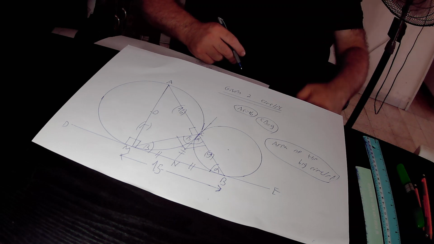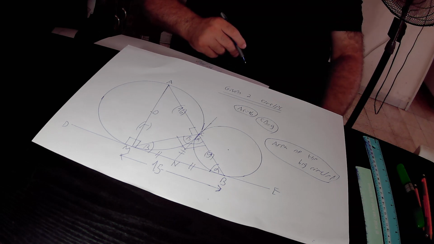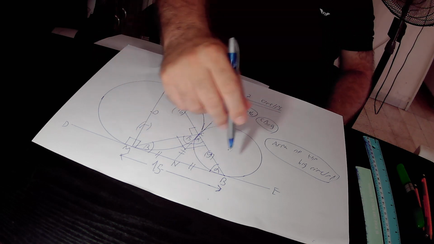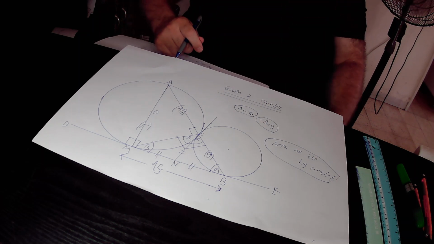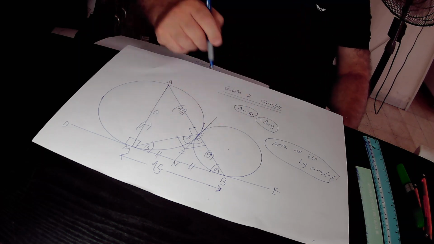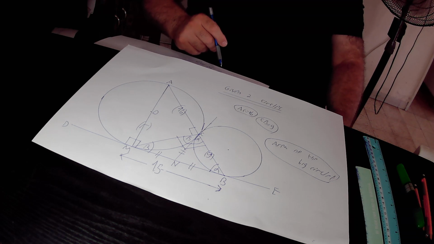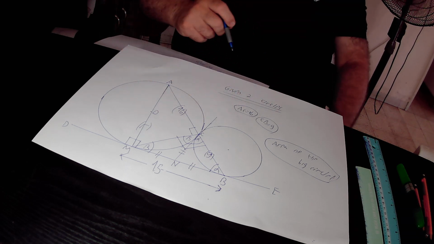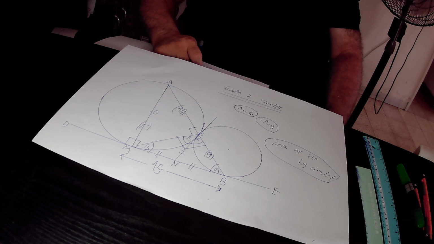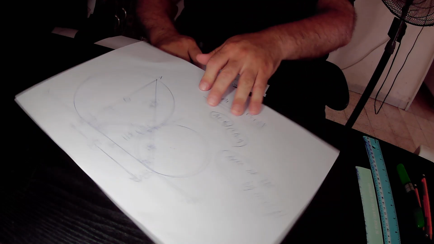we will implement the Pythagoras theorem on this big right triangle, triangle AMB. I'll copy the right triangle AMB onto a new page, and we will implement the Pythagoras theorem on it. According to the Pythagoras theorem, in any right triangle, the square of the hypotenuse equals the sum of the squares of the perpendicular sides.